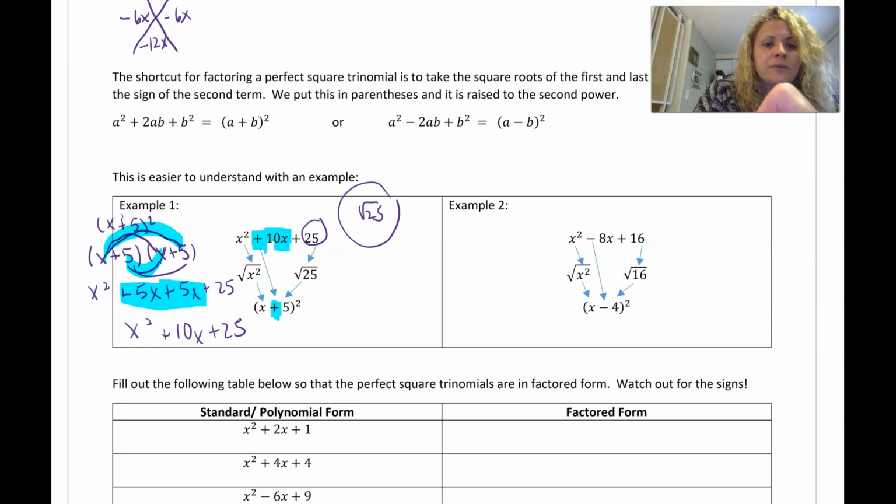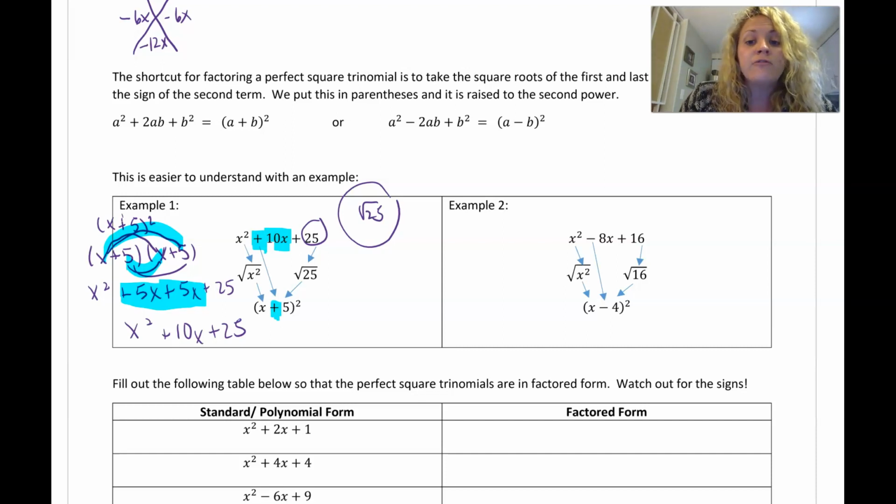So let's go through the second example real fast, and I'll just tell you how I think of this shortcut. First of all, this only works with perfect square trinomials, so I have to know that the polynomial I'm working with is in fact a perfect square trinomial. And I know that because x squared is a perfect square, 16 is a perfect square, and then when I look at this negative 8x, if I take the square root of 16, which is 4, and double it, it doesn't matter if it's positive or negative, I get 8.